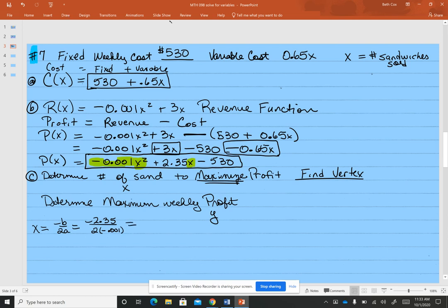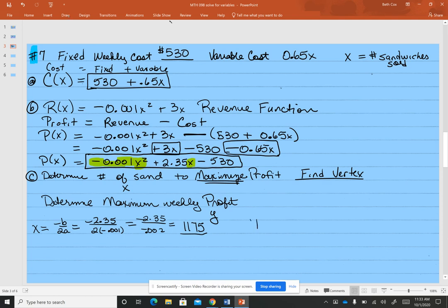Type it in the calculator very carefully, but these are calculator problems, so make sure you do it right, and you should get 1,175. That's the x for my maximum, the number of sandwiches.